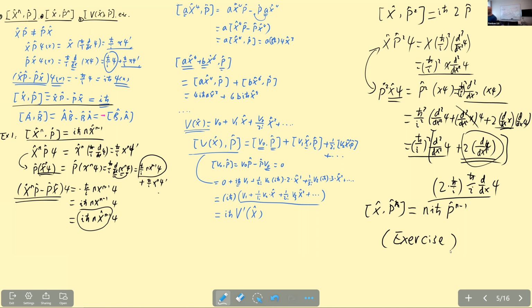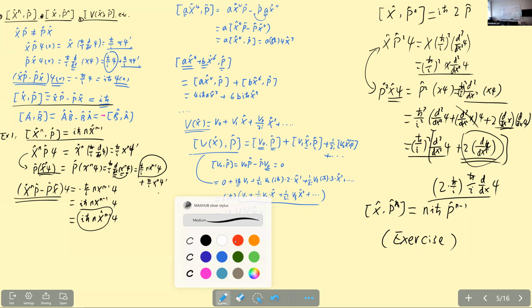Okay. So you can see that by using these x and p commutators, you can look at the commutator between any of these. So you can even have a more difficult exercise.